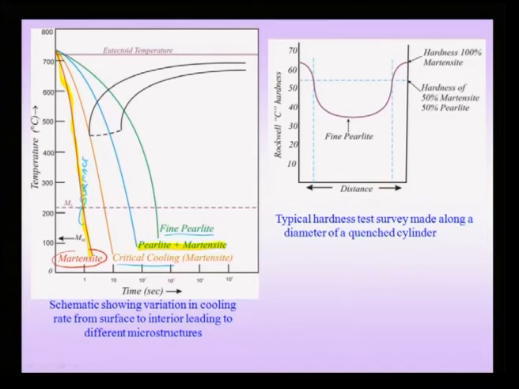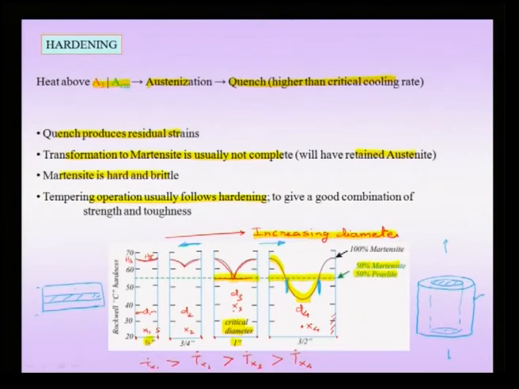and this point could be at the center of the cylinder, for instance. Now, an alternate way of thinking of the same curves is that I can think of this as a material which is having a certain diameter, say D1, and for instance, this critical cooling we have noted is a diameter which is D3.